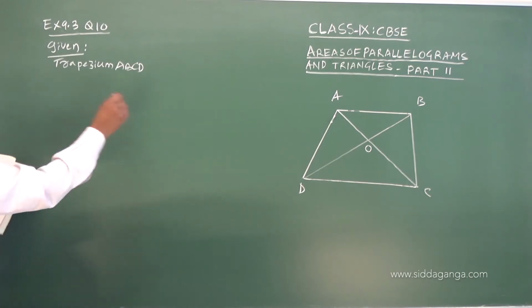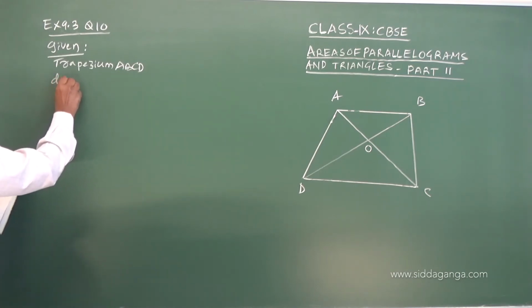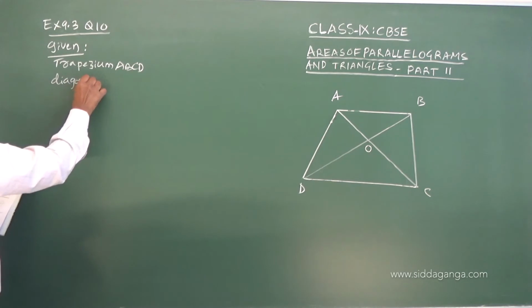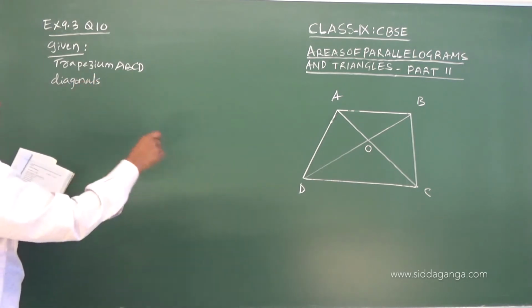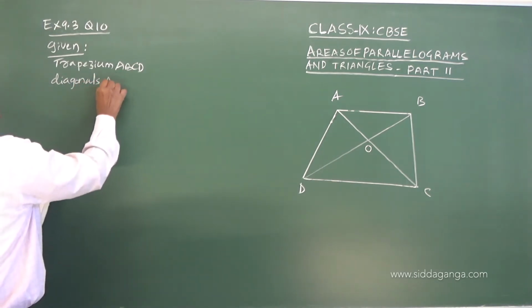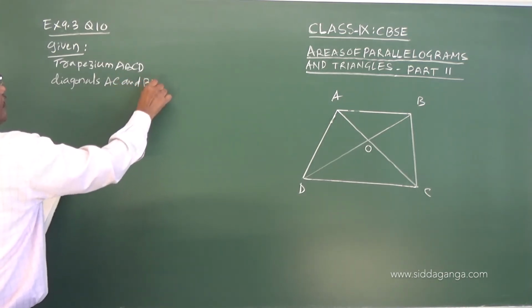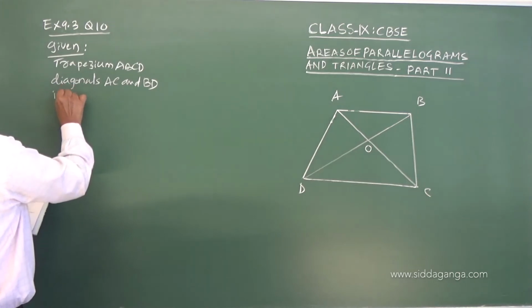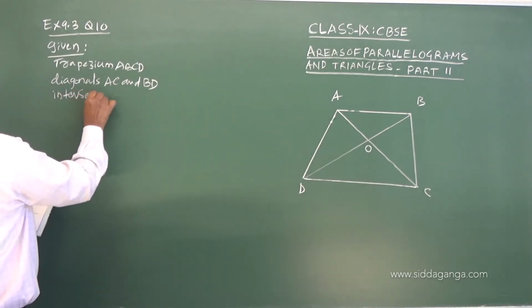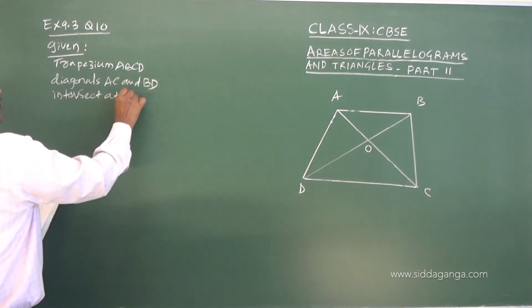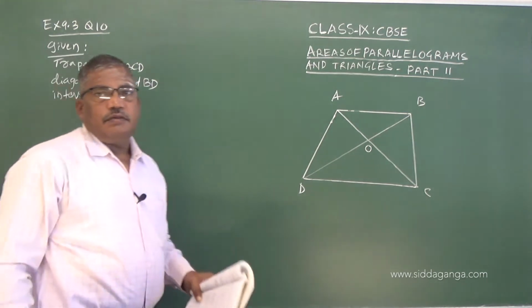So diagonals AC and BD intersect at O. So this is what is given.